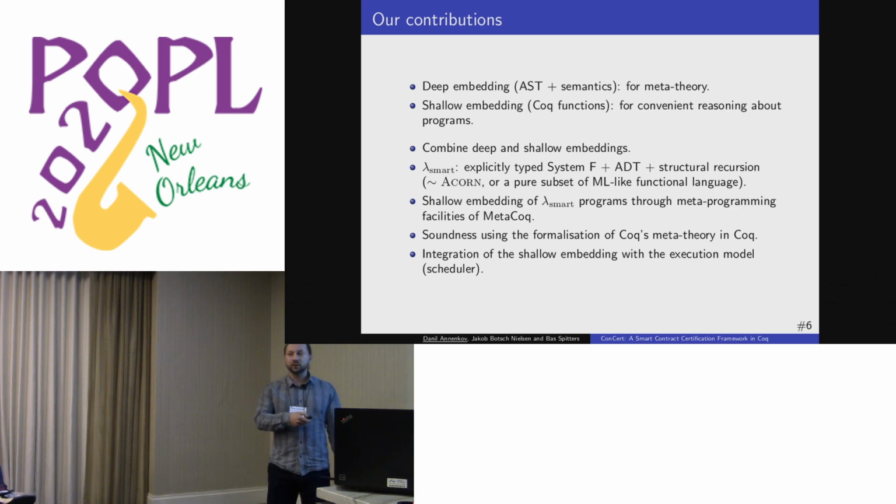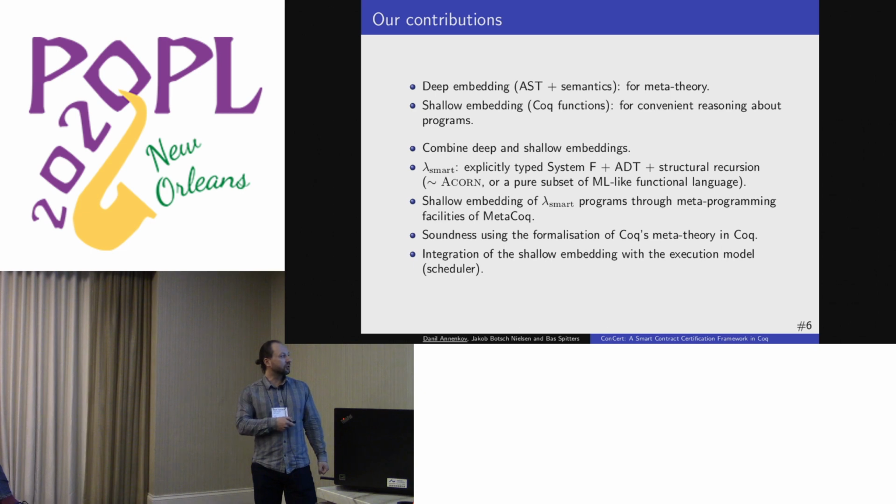And we use MetaCoq to produce a shallow embedding, a Coq function, out of an expression in Lambda Smart. We also prove soundness of this transformation procedure, again using Coq's meta theory formalization provided by MetaCoq. I'll say more about MetaCoq a little bit later.